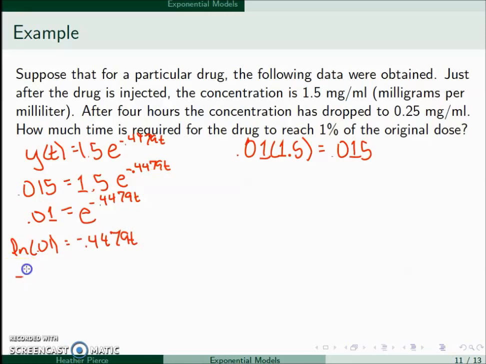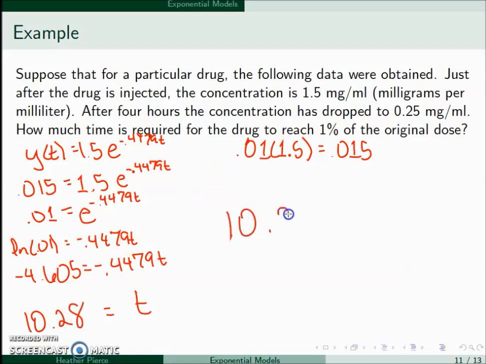This gives minus 0.4605 equal to minus 0.4479 t. Dividing both sides gives that t is equal to 10.28. So just over 10 hours, and we will have 1% of the drug left in our system.